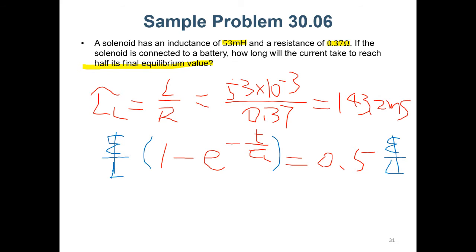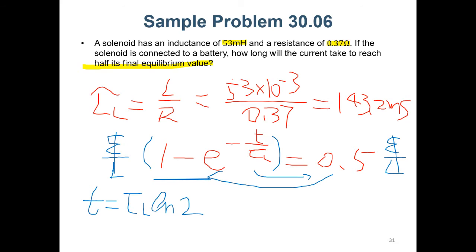And we find out that t should be tau L ln 2. We move this to the left hand side, so the left hand side becomes 1 minus 0.5, which is 0.5, and the right hand side is exponential minus t over tau L. So we take the inverse on both sides, so it becomes 2 equals exponential t over tau L without the minus sign.